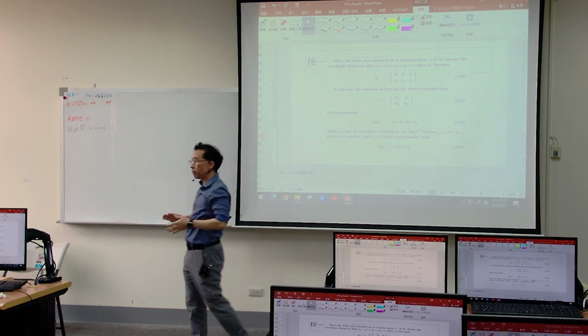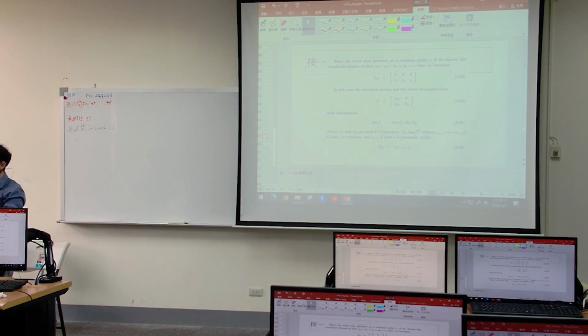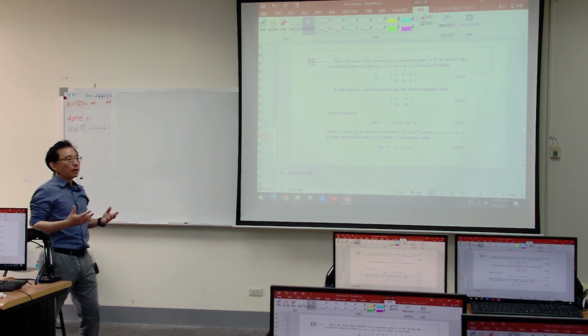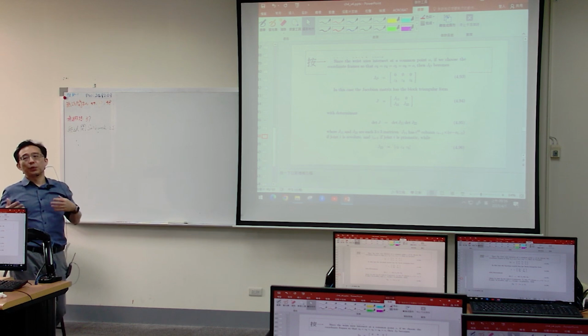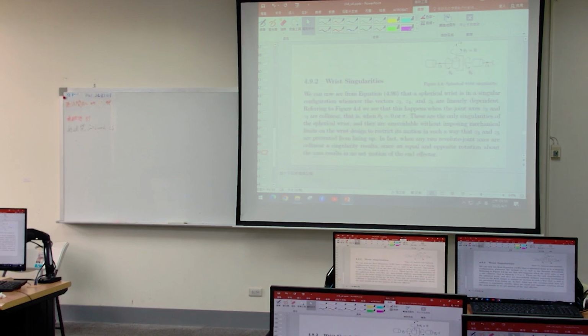They can both become 0, or either one of them is 0, and the singularity shows up. When J11 is 0, the singularity happens in the arm section. When J22 is 0, the singularity shows in the wrist section. That's what they try to define here.